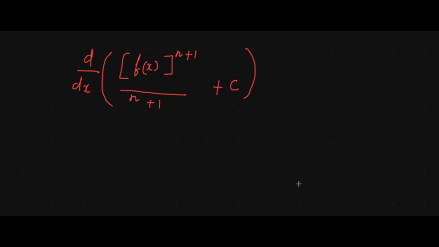So what's the answer? Now that will be equal to, again, 1 by n plus 1 is a constant, so we separate that out, right? And then we say, how do I find the derivative of f of x to the power of n plus 1, okay? So again, here is the formula for a derivative.